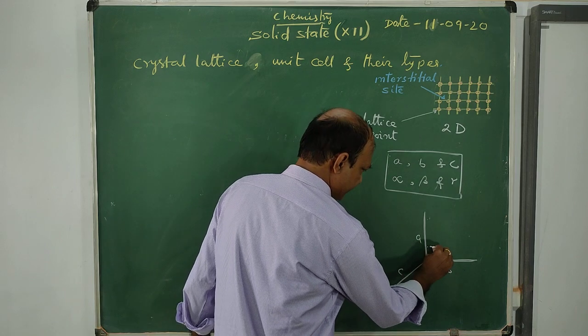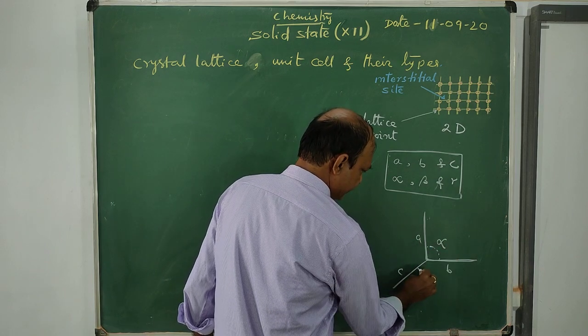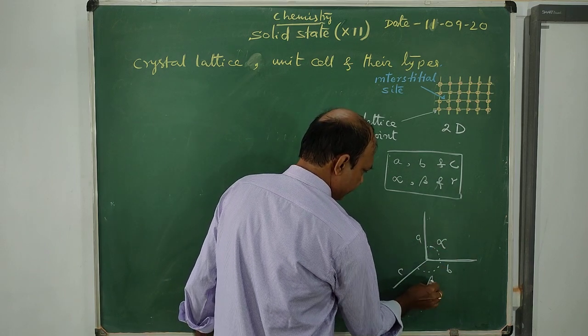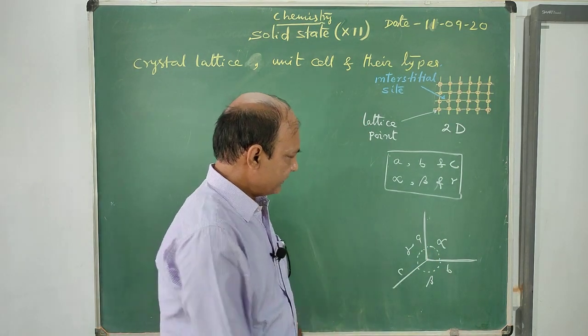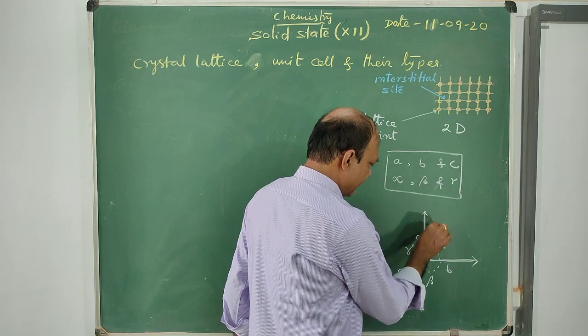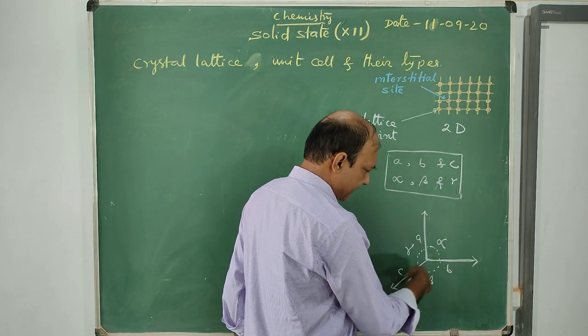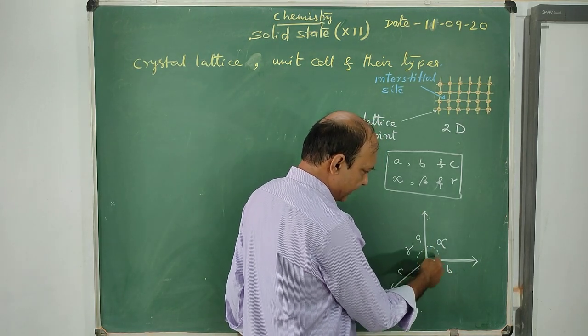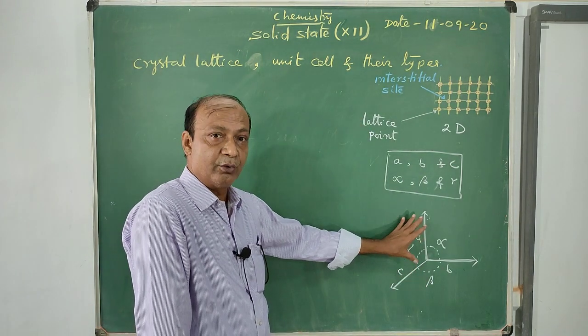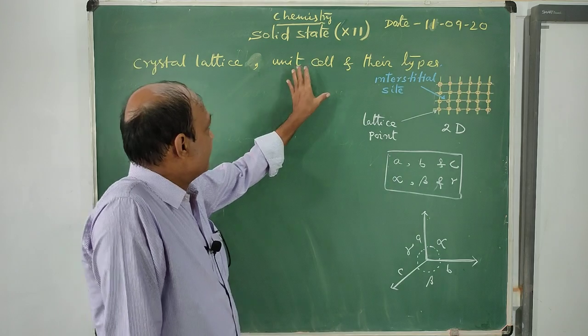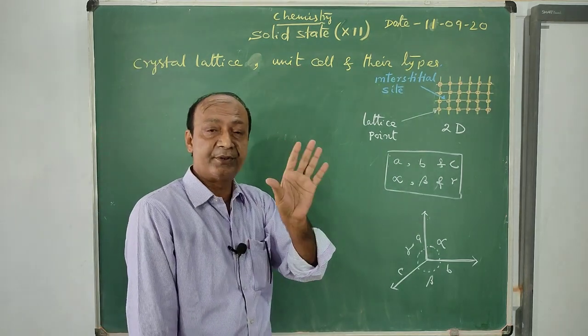So this is say alpha, this is say beta, this is say gamma. These are the axes: length, breadth and height, and interaxial angles alpha, beta and gamma. On the basis of these two dimensions, unit cells are found to be of 7 types.